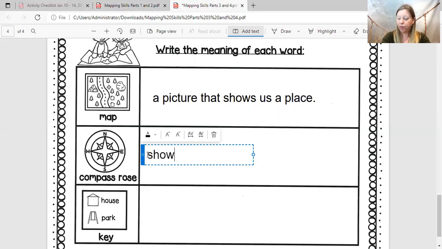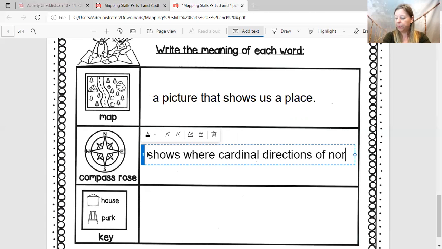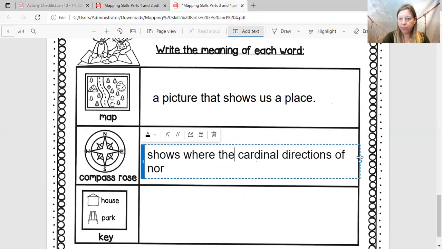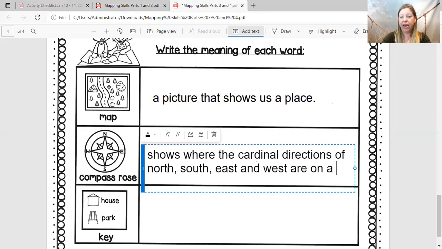A compass rose shows where the cardinal directions, I'm just going to shrink this box down, shows us where the cardinal directions of north, south, east, and west are on a map.